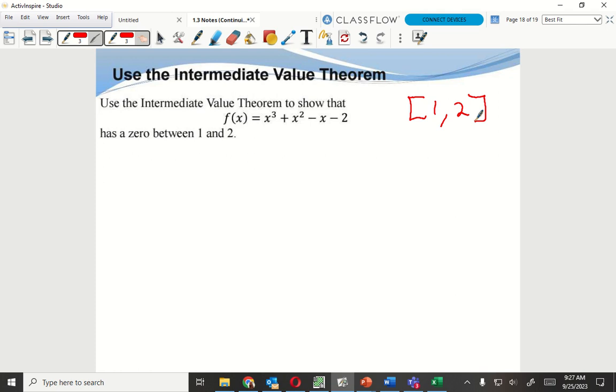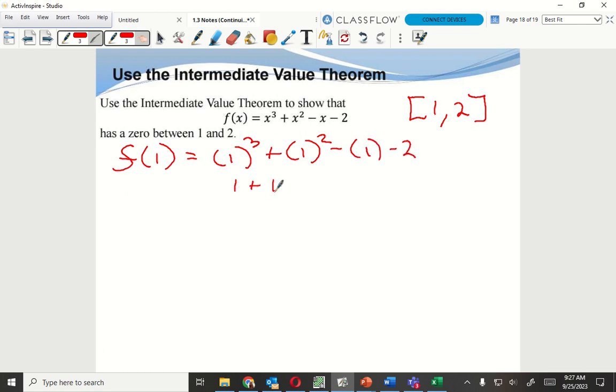F of 1 is equal to 1 cubed plus 1 squared minus 1 minus 2. 1 plus 1 minus 1 minus 2 gives me negative 1. Okay.